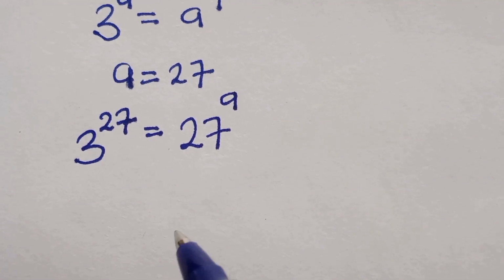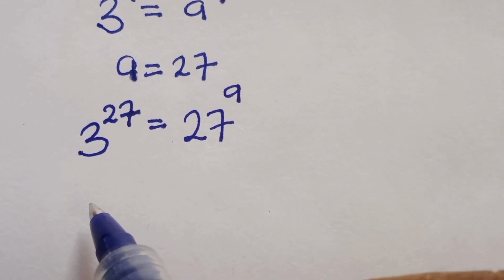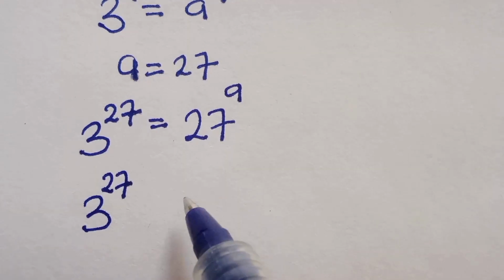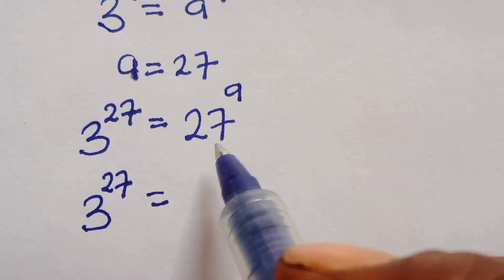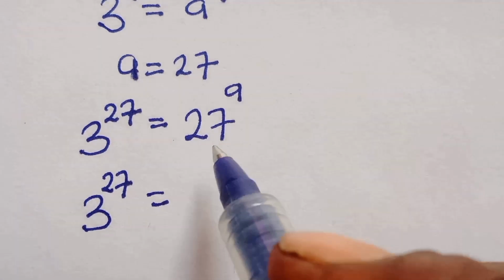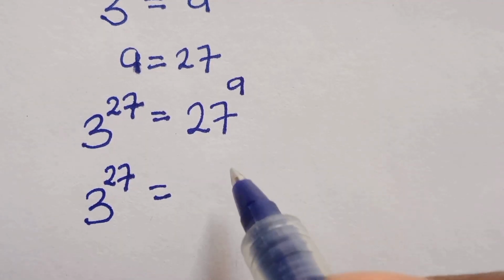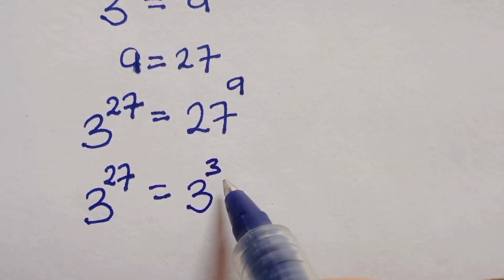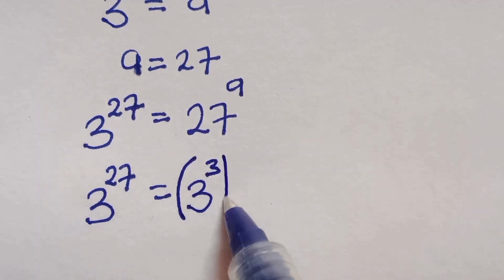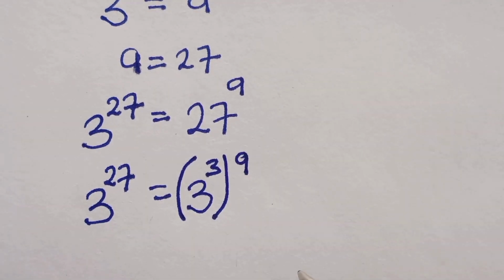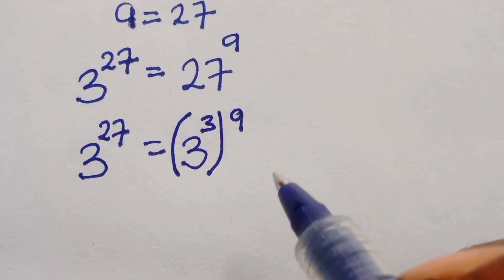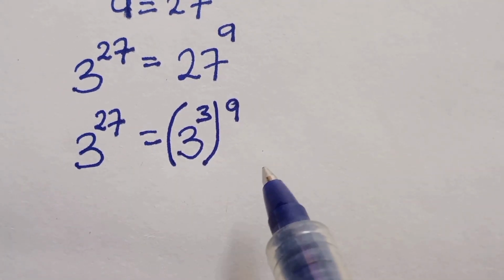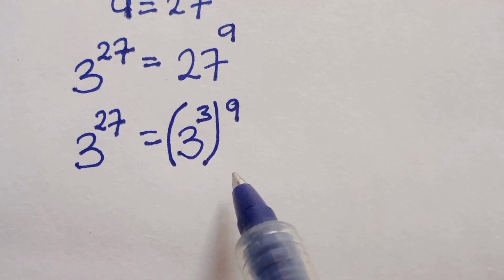So from our left hand side, we have 3 raised power 27. So that will now give us what? 27 raised power 9. And don't forget, you can simply convert 27 to 3 times 3. So everything now will be raised power what? Raised power 9. So moving forward, we have 3 raised power 27 to give us what? 3 raised power 3, everything raised power 9.